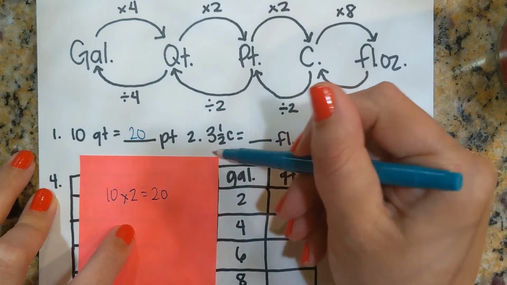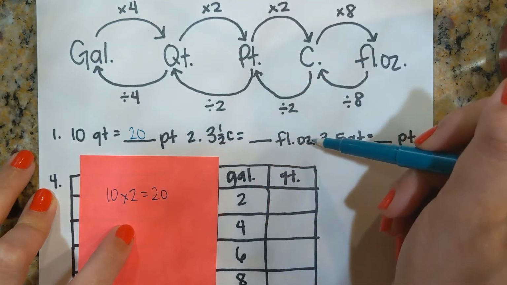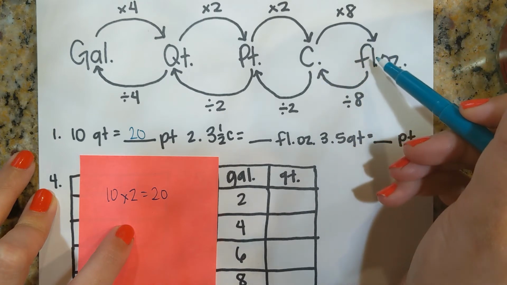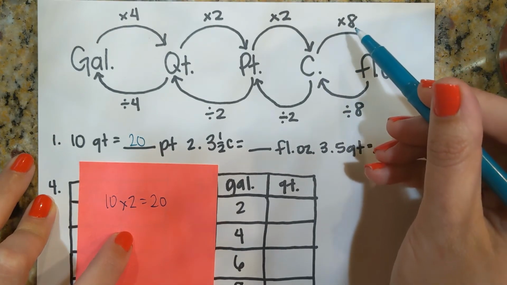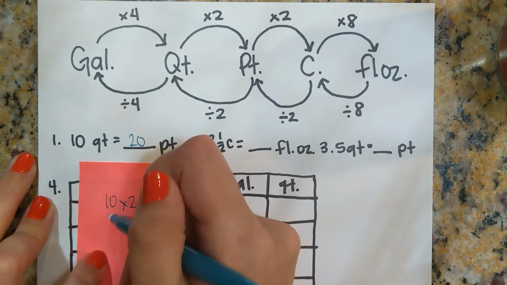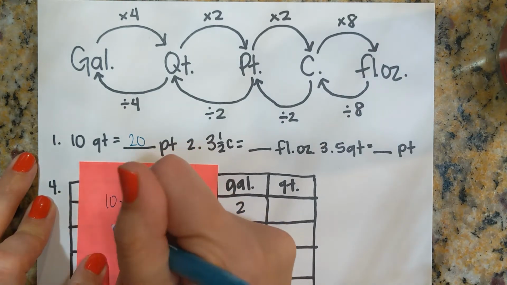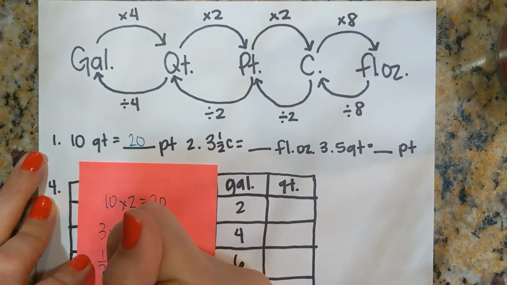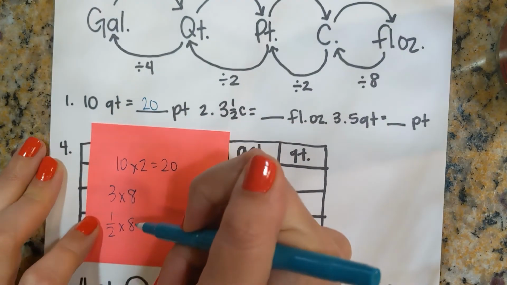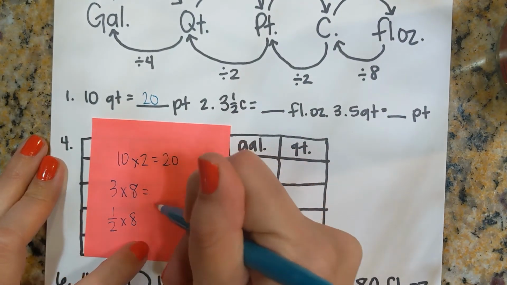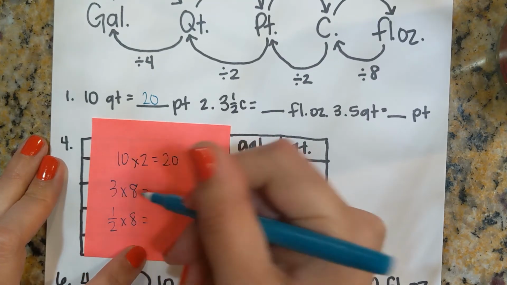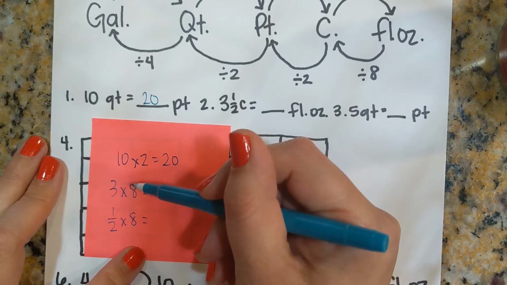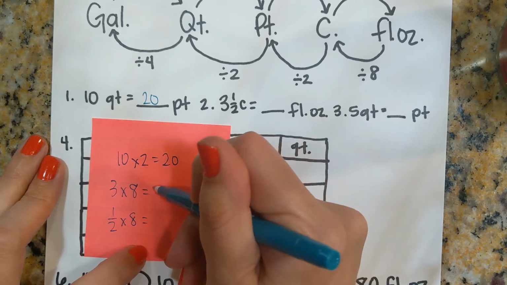Okay, 3.5 cups to fluid ounces. All right, so from cups to fluid ounces, we are multiplying by 8. So I'm going to say 3 times 8 and 1/2 times 8, and then we'll add those together. 3 times 8 is 24.